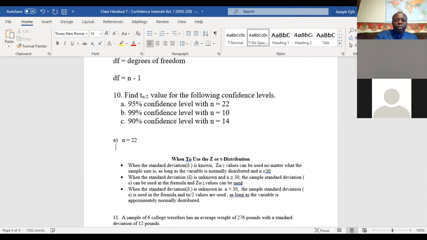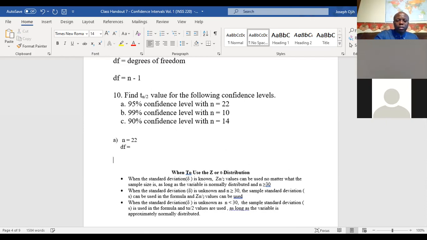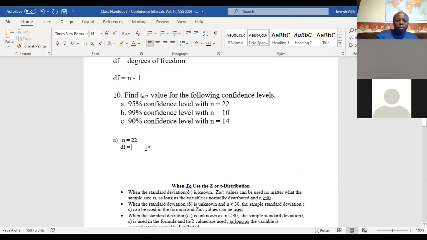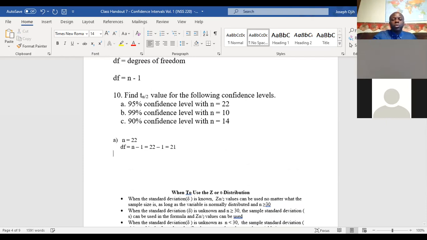So that degree of freedom, df, becomes n minus 1, because it says n minus 1, which is 22 minus 1, okay? And that gives us 21. So that's what we look for in the table.